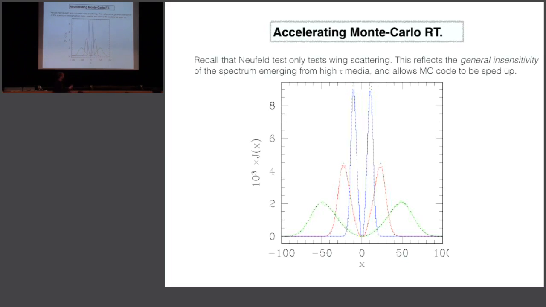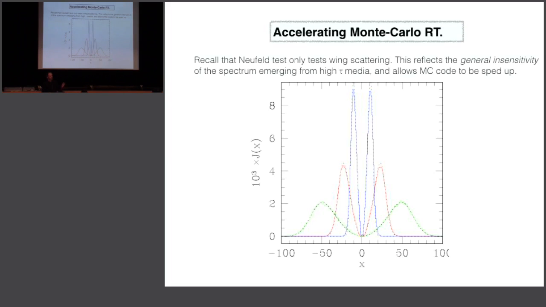I'm somewhat embarrassed to admit it, but when I was developing my code as a student, I was reproducing these perfect solutions, and I was doing it really fast, right? And I was doing it with a number of scattering events that was 1,000 times less or 10,000 times less than what was expected based on Adam's arguments, right? So I was really surprised.